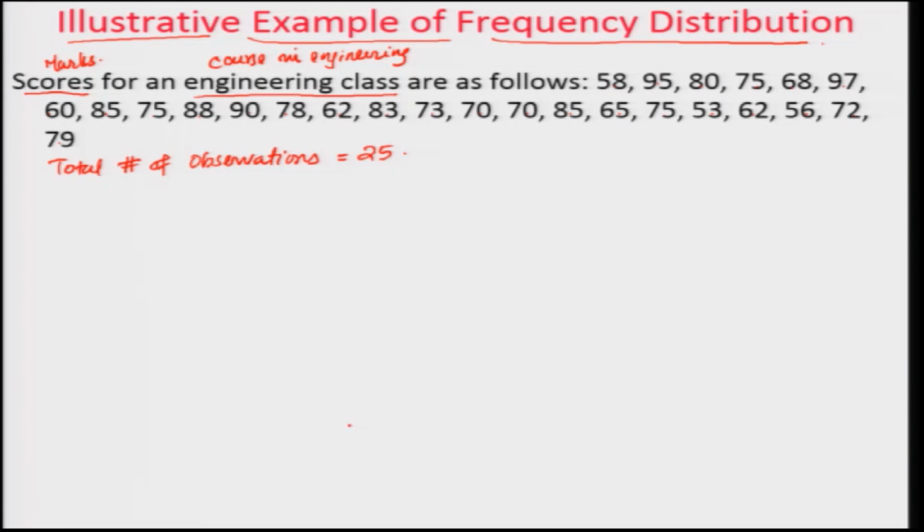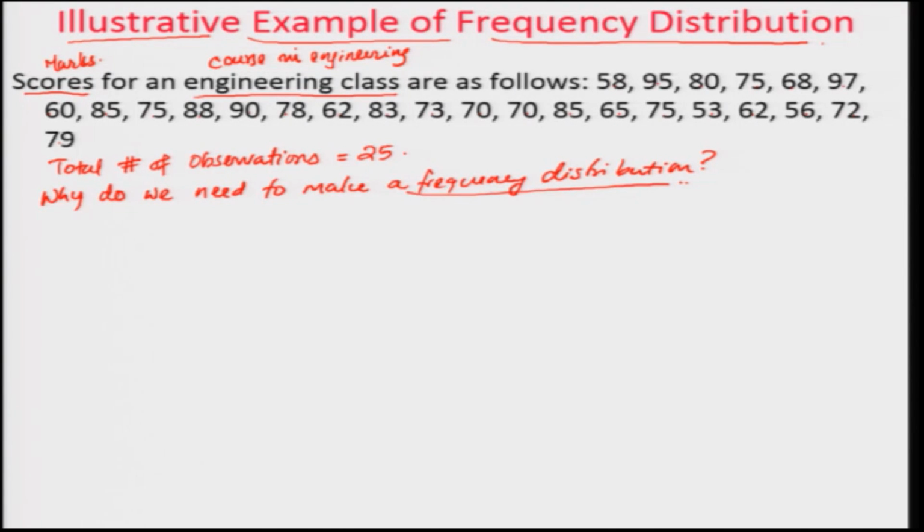Okay. So, now the question is, why do we need to make a frequency distribution here? This is the big question. Why do we need to make a frequency distribution? Why can't we deal with the individual values?